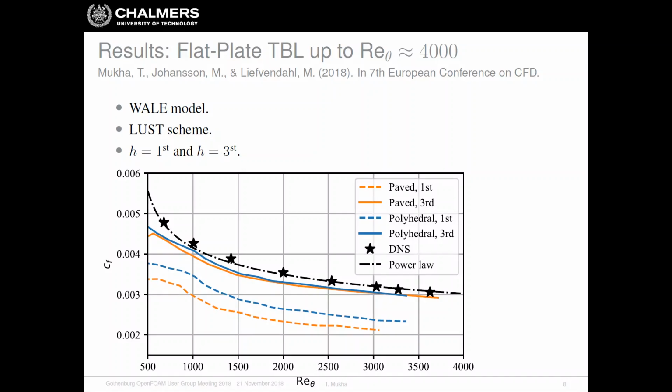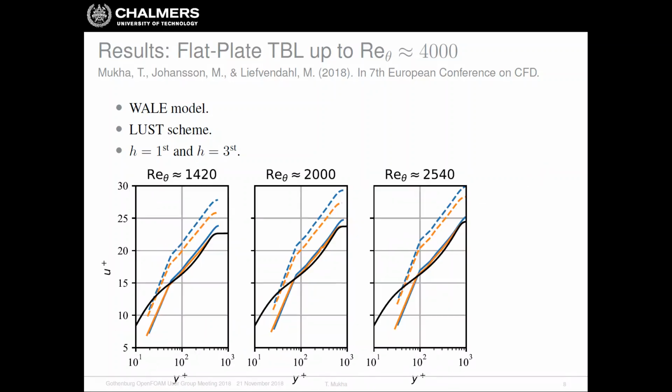So it is basically an established fact, I think, that sampling from a wall adjacent cell leads to the systematic error in CF we see here. But if we opt for sampling from the third cell, we get a very nice result for CF using both meshes, which is, of course, very good.